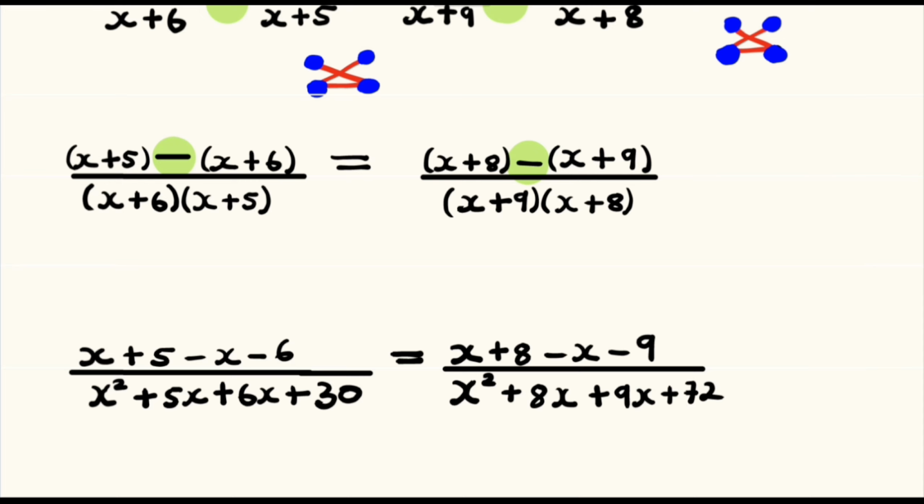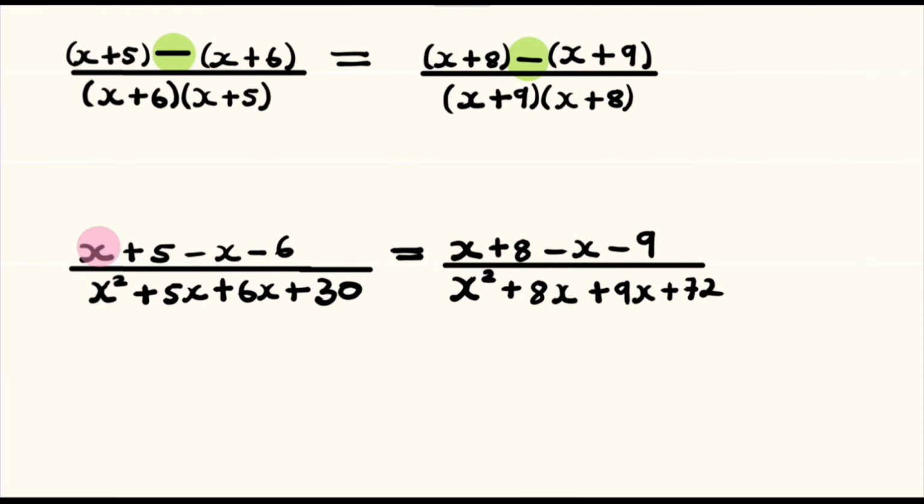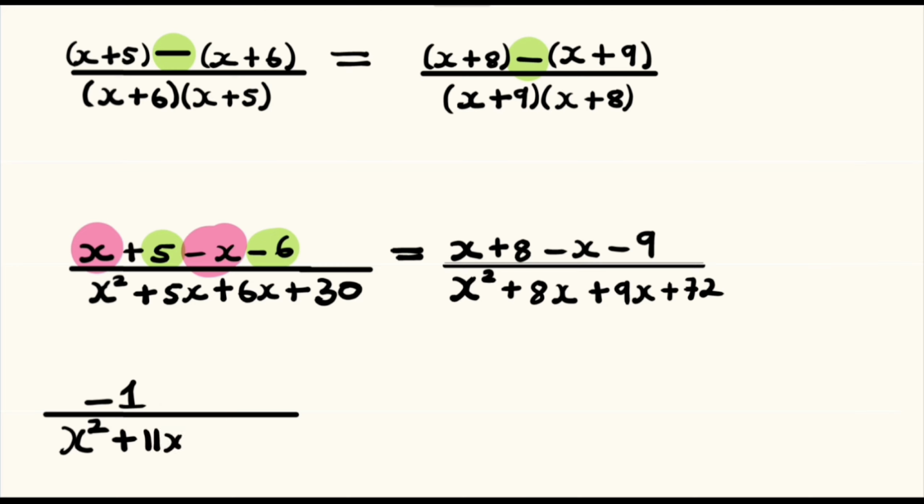So from here, we have that x minus x, which will be 0. 5 minus 6 will be equal negative 1. So our numerator is negative 1 divided by x squared plus 5x plus 6x will be equal 11x plus 30.